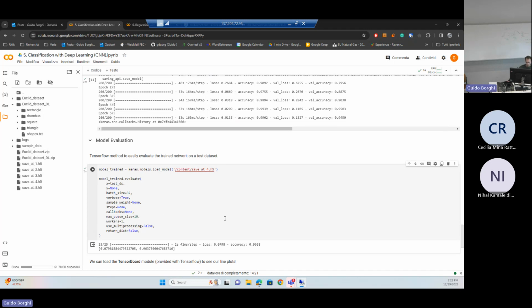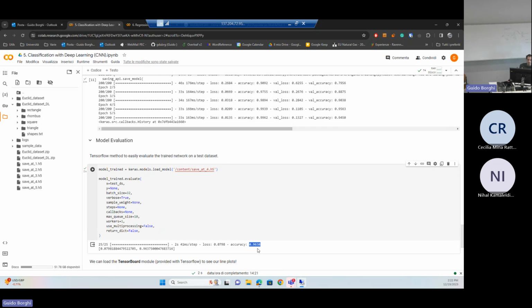And you can see that the result is quite good since we obtain a low loss value, but in particular, a very high accuracy, 0.96 of accuracy. That is a very good value, okay? So thanks to the use of convolutional neural network, we are able to solve a classification problem in a very fast way, okay?